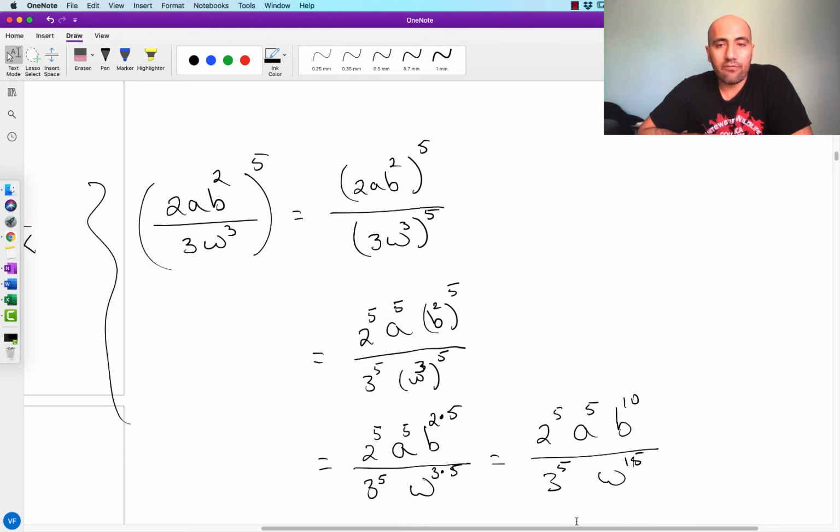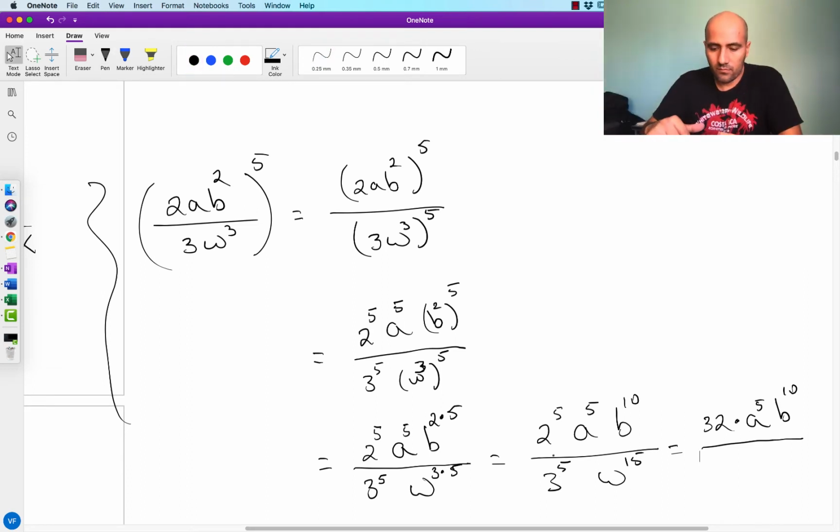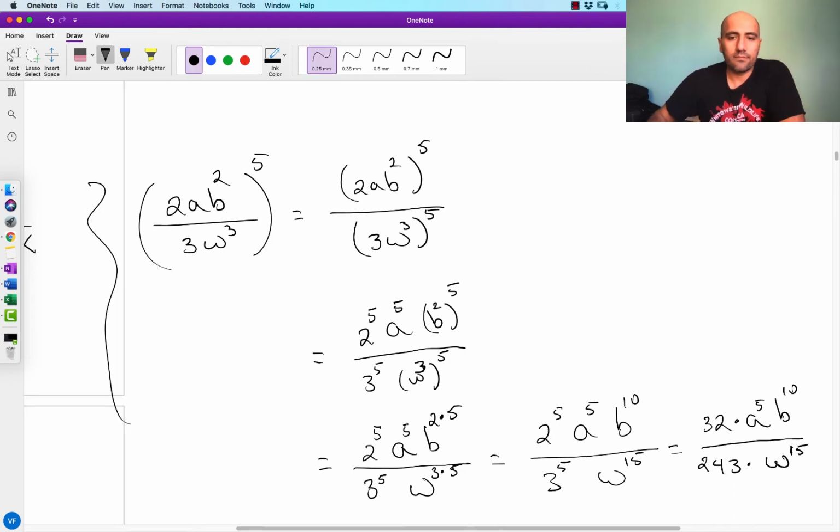So 2 to the power of 5, that's going to be 32. So we have 32 times a to the 5th, b to the 10th, over 3 to the 5th power, which I think is 243. Okay, so that's our final answer.